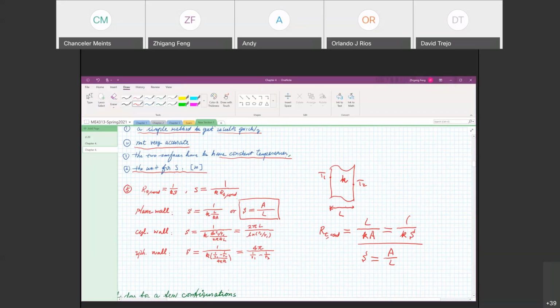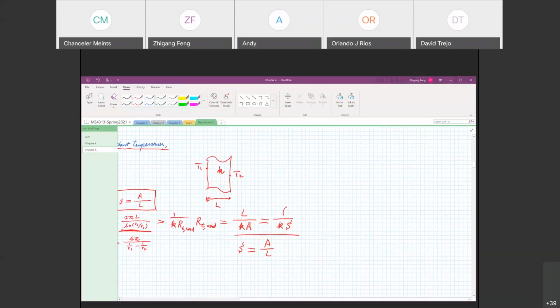And using the same approach, we can find the shape factor for a cylindrical wall. So let me show you how I got this equation.